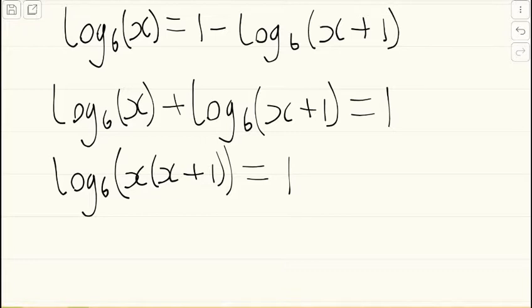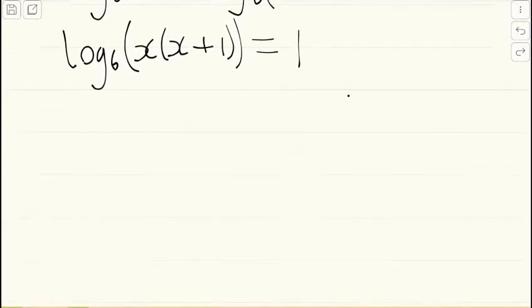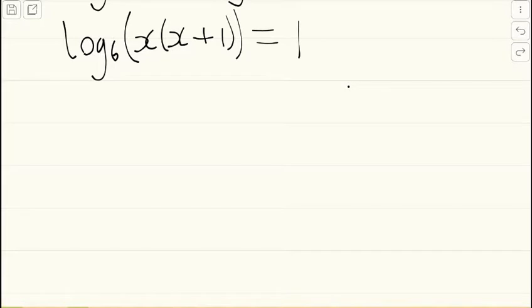At this stage, what I'm going to do now is this. I've got my base 6, and to get from 6 to x times x plus 1, I have to raise 6 to the power of 1. So 6 to the power of 1 equals x multiplied by x plus 1.